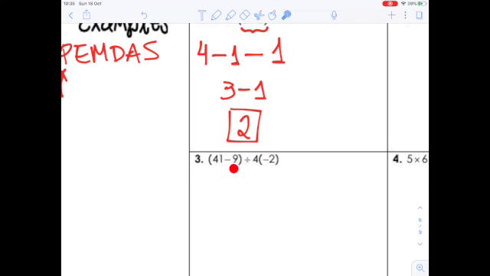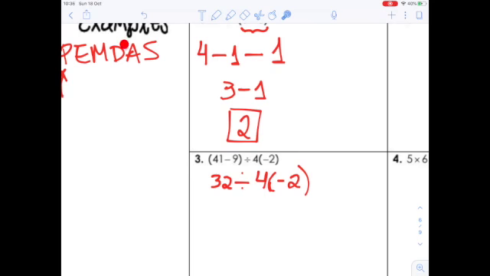We have a 41 minus 9. So we can go ahead and do that. We do 41 minus 9, which is 32, divided by 4 times negative 2. Now the question is, which operation are you going to do now? We have 32 divided by 4 times negative 2. Once again, we have division and multiplication.